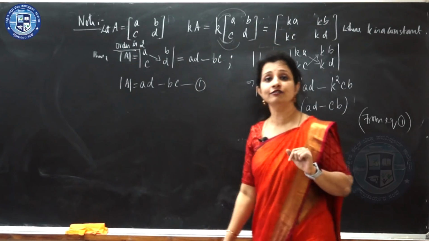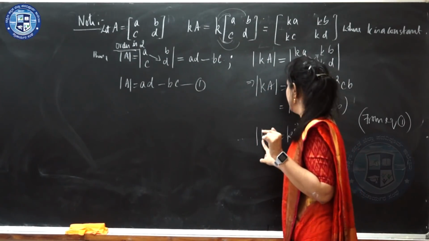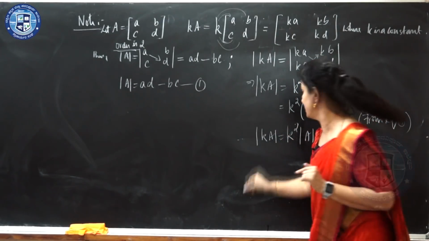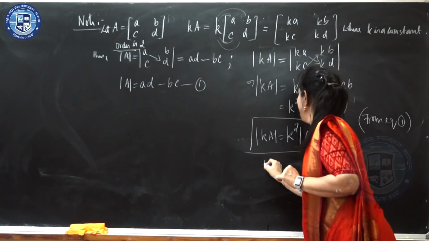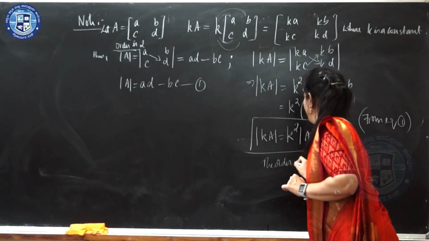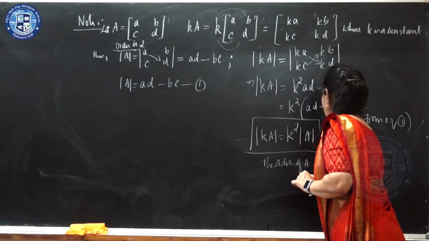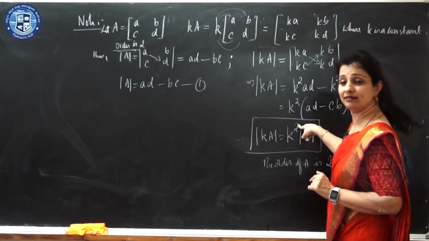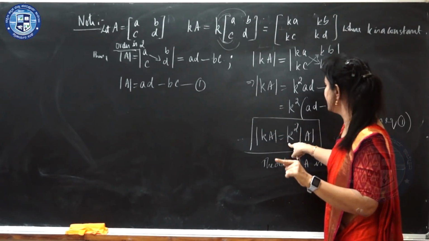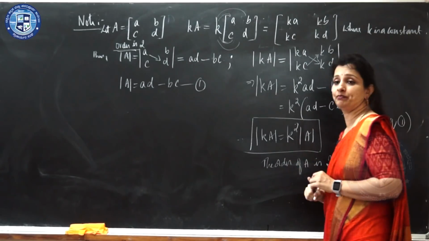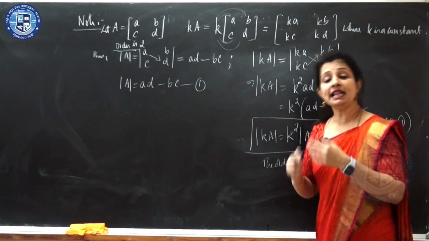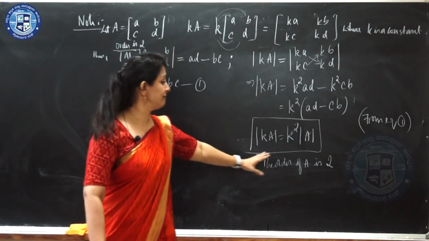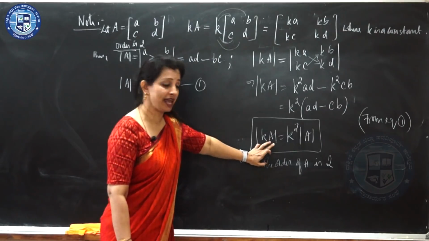So if the order of a square matrix is 2, then determinant of KA is equal to K square into determinant A. Since the order is 2, it becomes K square into determinant A. If the given matrix A is of order n, what will be the value of determinant of KA?